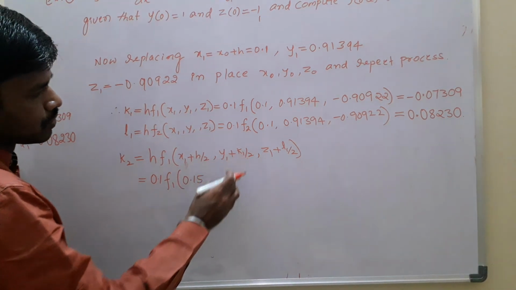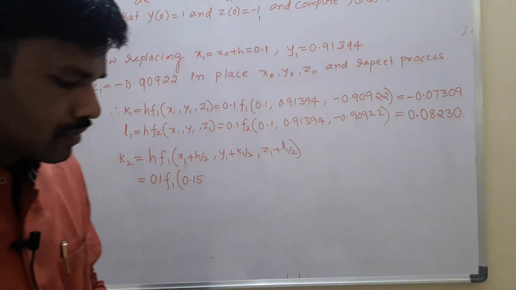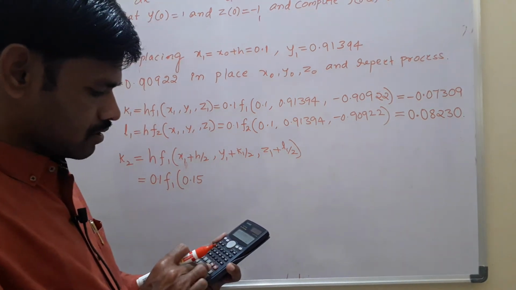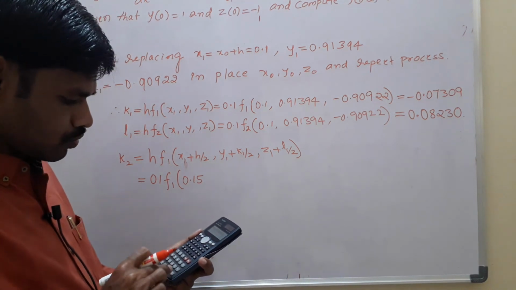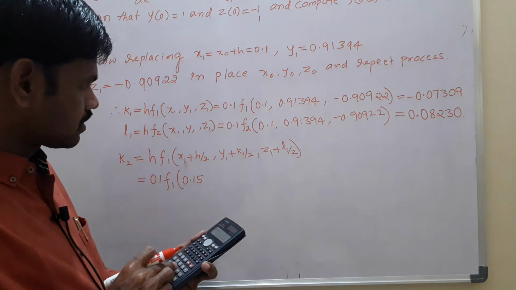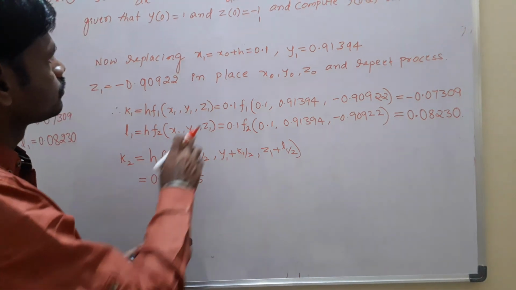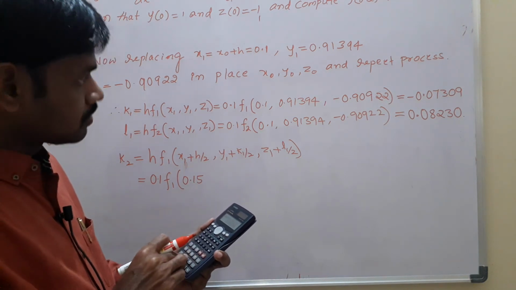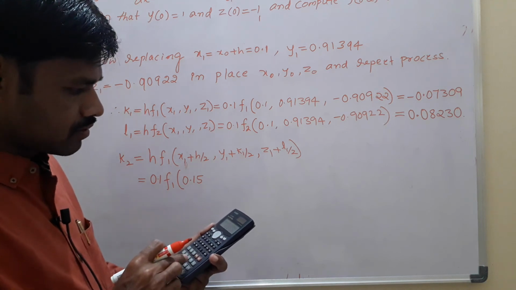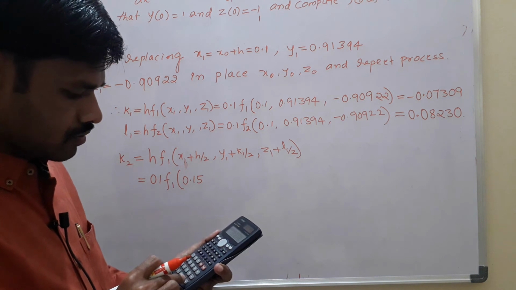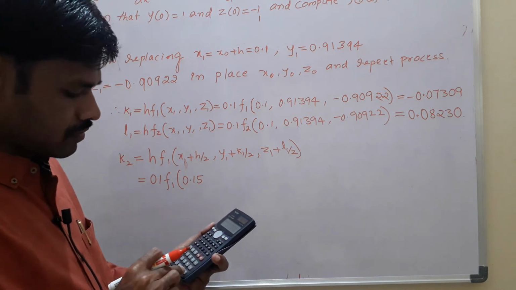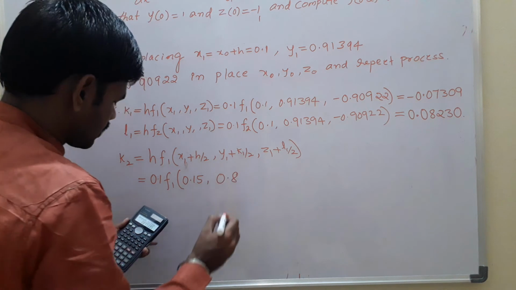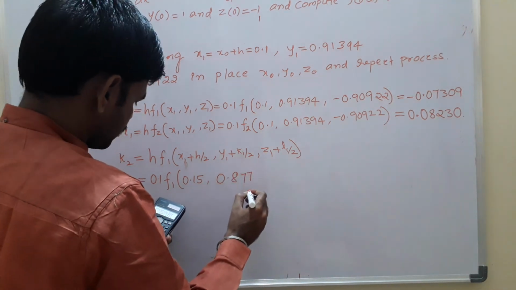So y1 plus k1 by 2, k1 is minus 0.07309 divided by 2 plus y1 is 0.91394, equal to 0.877395.